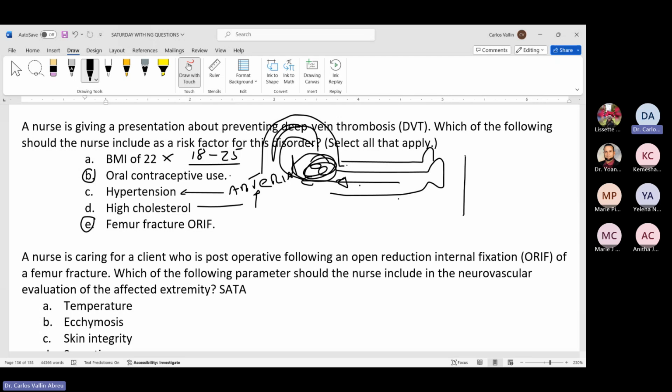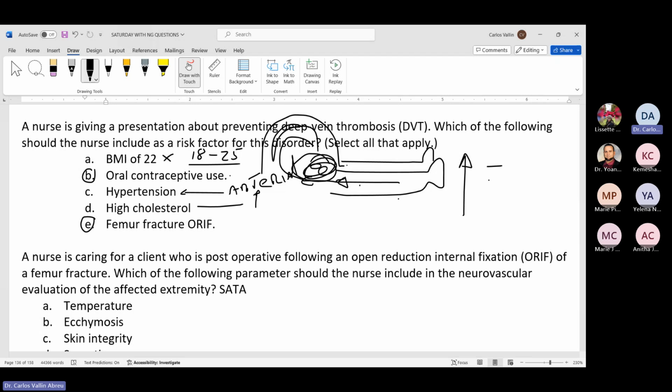Anything that increases coagulability. I said the most important that increases coagulability are the estrogens. So the use of estrogens and pregnancy are risk factors for DVT.